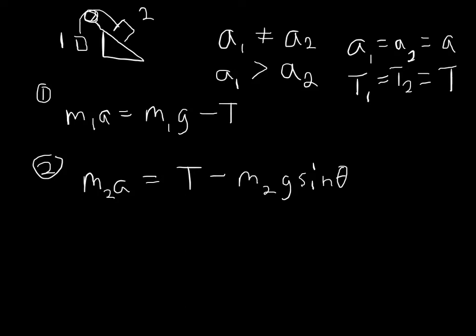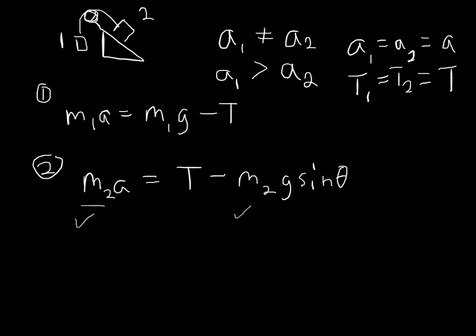Now let's take stock of what we do and do not know. Do we know what M2 is? Were we given the mass? Yes. Do we know what A is? No, we have to find that. Do we know what T is? No, we have to find T. M2? Yep, we know what that is.